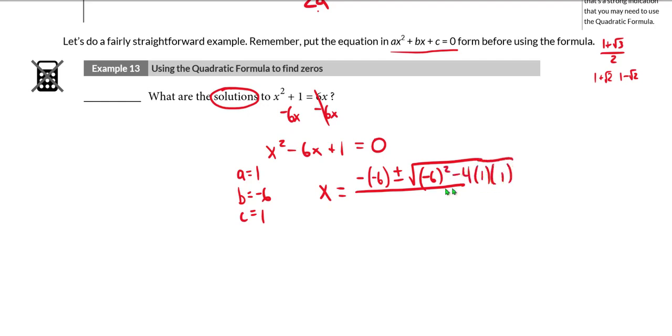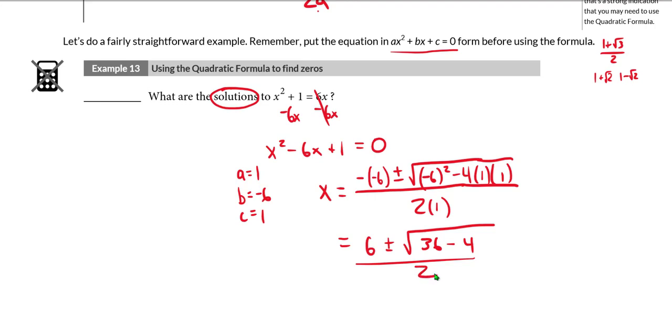Again, I'm just punching in the numbers where they're supposed to go, over 2a. So now cleaning up a bit, negative 6 obviously is 6, plus or minus the square root of 36 minus 4, all over 2.